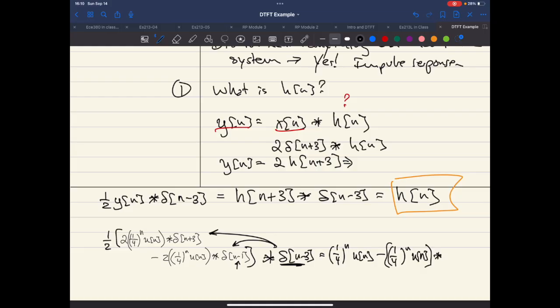So, a lot of delay on that. We're going to have delta[n minus 4]. And you could rewrite this, of course, as (1/4)^n u[n] minus (1/4)^(n minus 4) u[n minus 4]. Pretty clearly here we have the same function that's just turned on, and then later on it's turned back off.